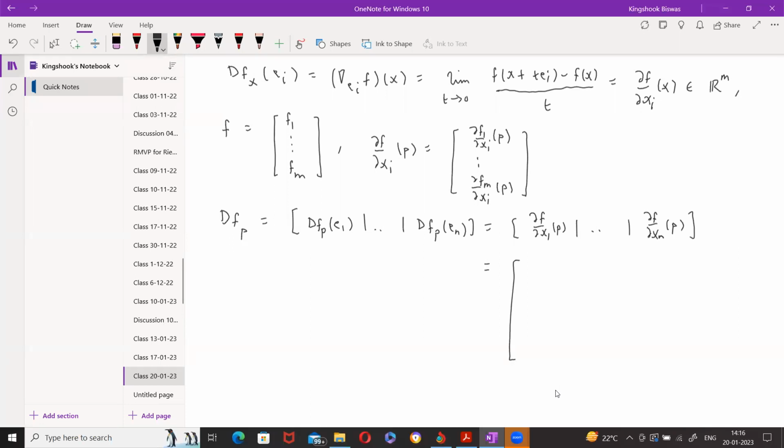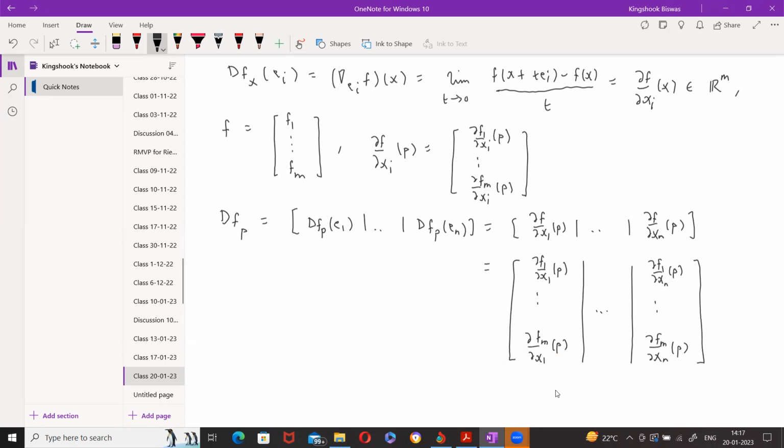Each column is, as we've seen above: the first column will be del f1 del x1 at P up to del fm del x1 at P, and so on up to the last column, del f1 del xn at P up to del fm del xn at P. Is this clear?